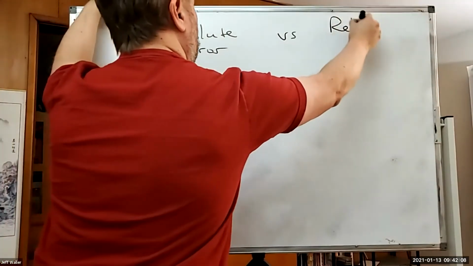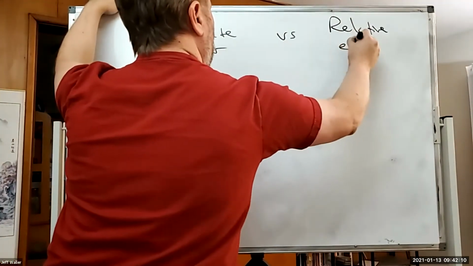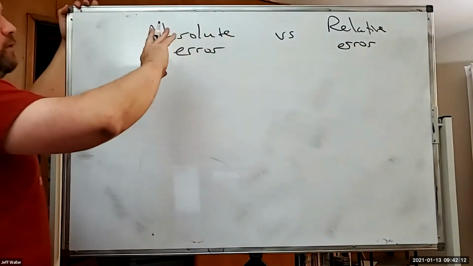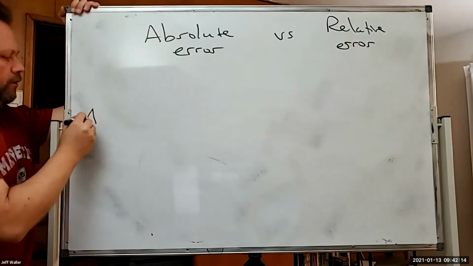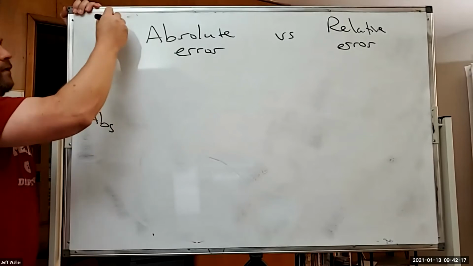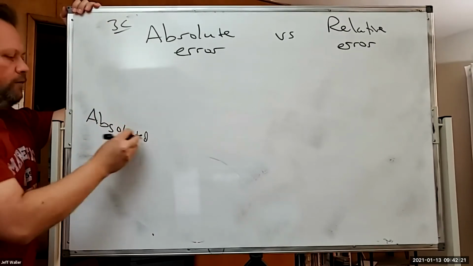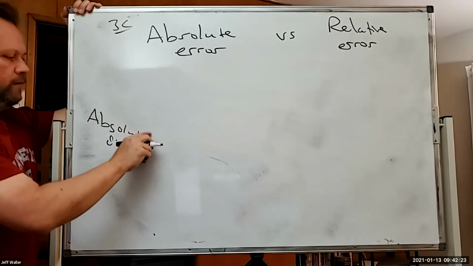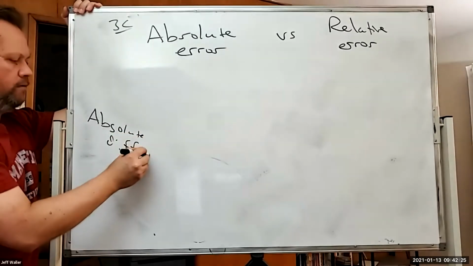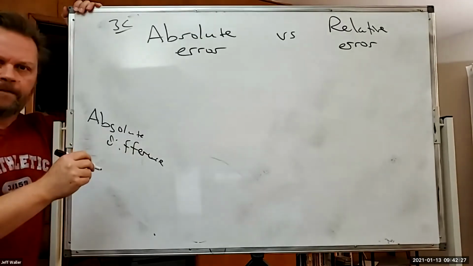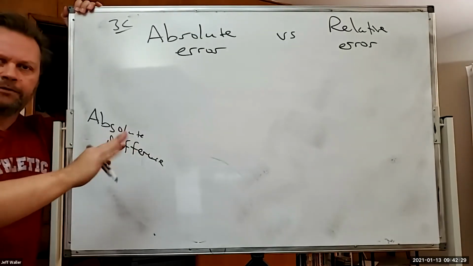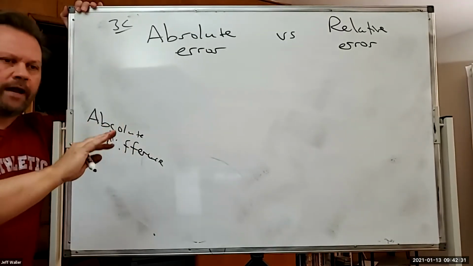Absolute comes up in a few different places. There's something earlier in chapter 3, in section 3C. There's one called absolute, what do they call it? Absolute difference or something like that. There's an absolute difference or absolute increase.